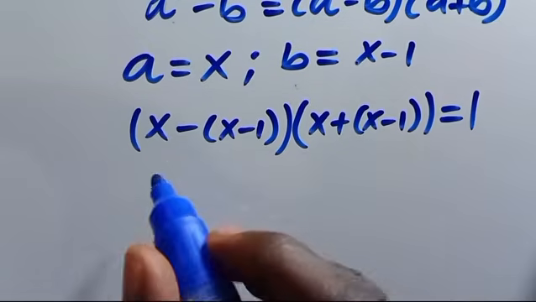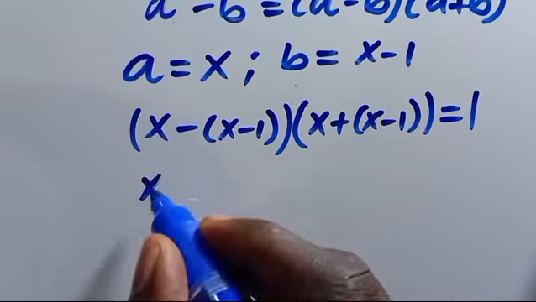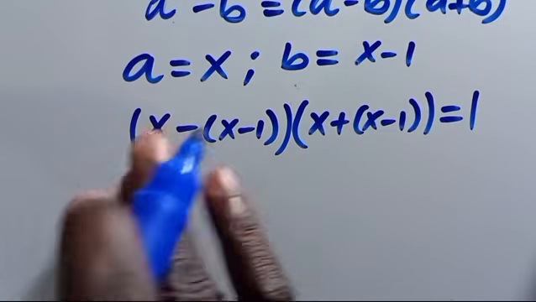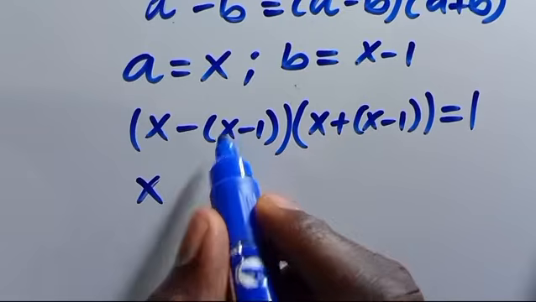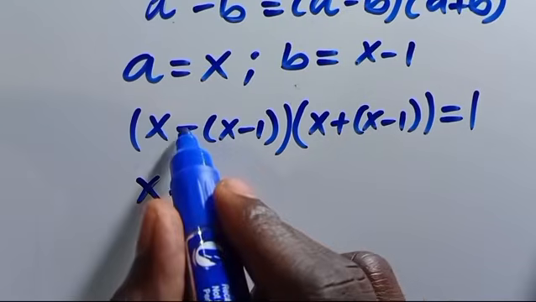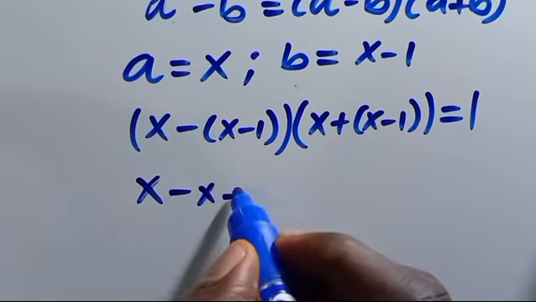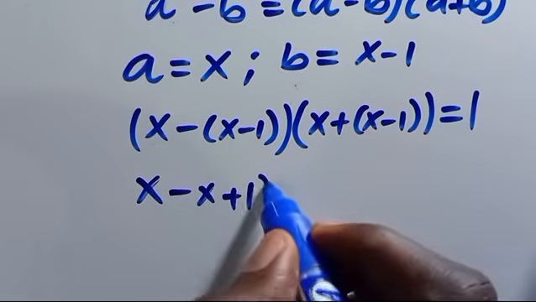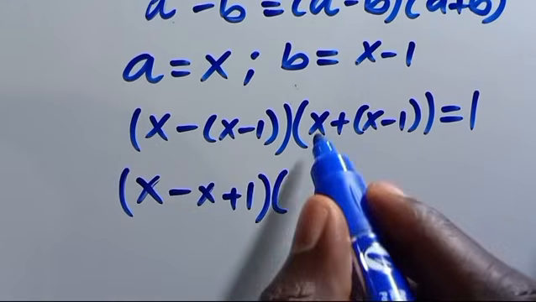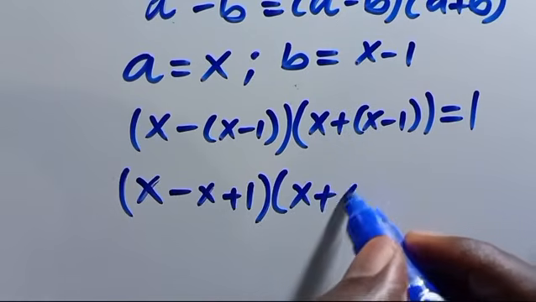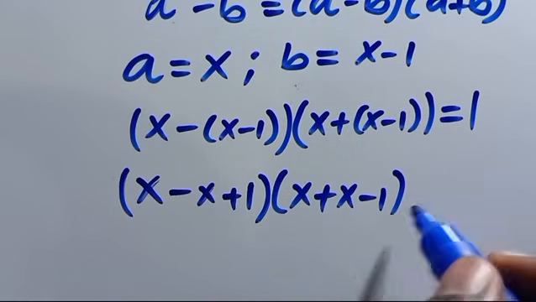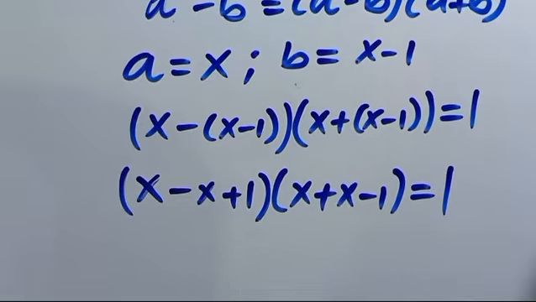So we are going to have x, minus times this will be minus x, minus times minus 1 will be plus 1, and x plus x minus 1 and everything equals 1.